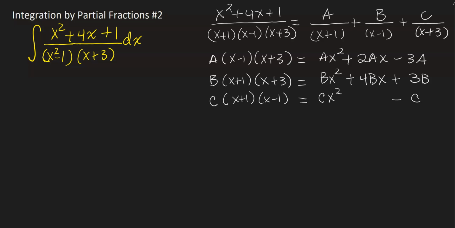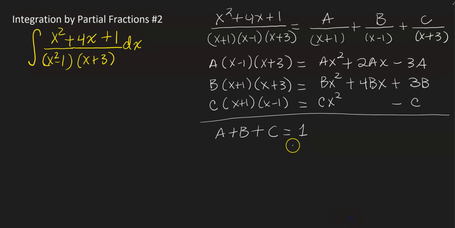Now, when we combine like terms and match the coefficients, how many x squareds are there? So we would say that 1x squared equals A plus B plus C x squared. So A plus B plus C has to be 1. How many x's are there? 4.